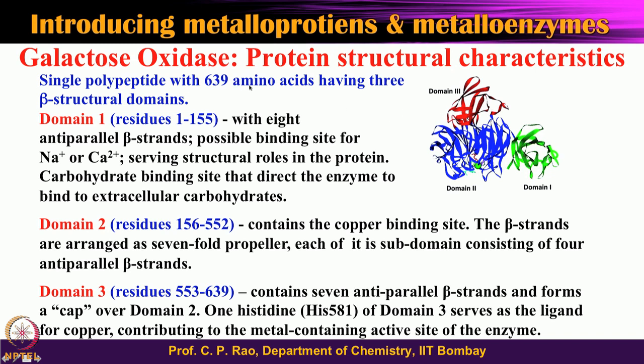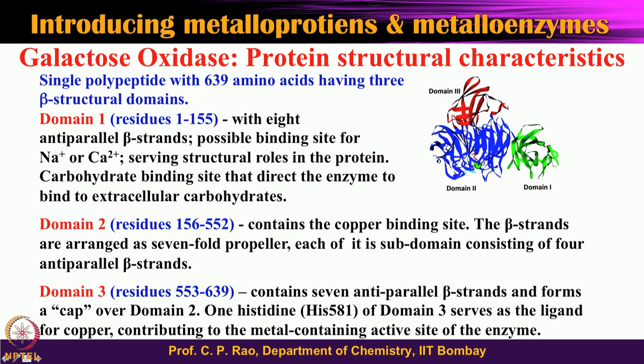Up to 155 amino acid residues are present in domain 1, 156 to 552 is present in domain 2, which is the blue region here, and 553 to 569 is present in domain 3, which is red in color.